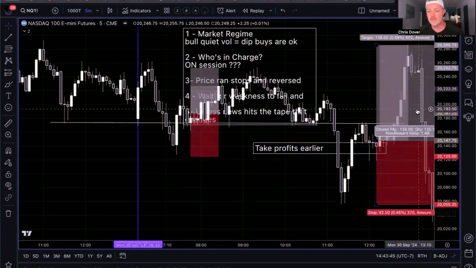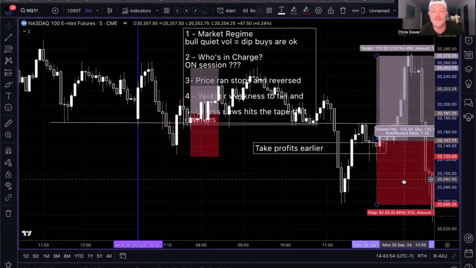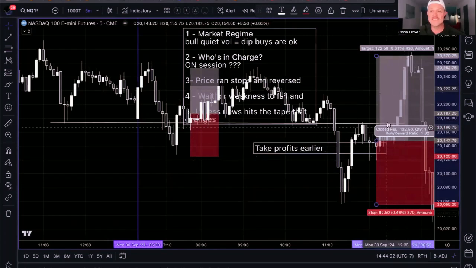And that would have been the close right here. Okay, so let's just exit on close here. So this one would have been 1.32R. The first one would have been potentially a 1R or a negative 1R. Either way, we know we're selling into this area. We're taking profits earlier. So this is the end of the day.